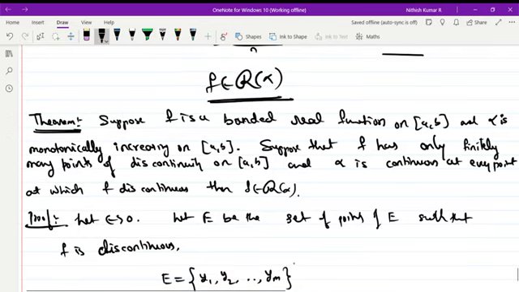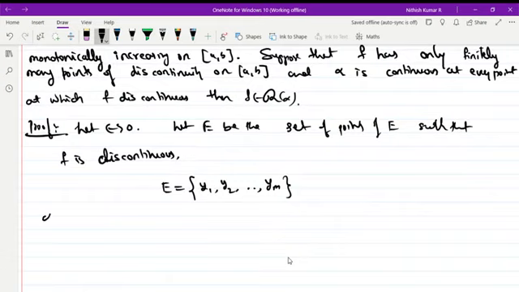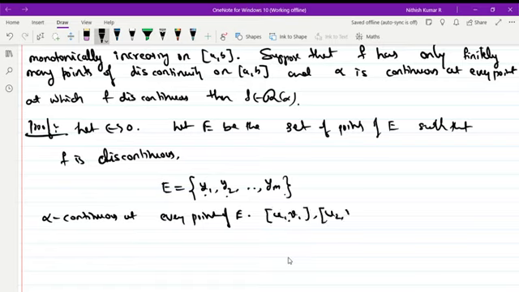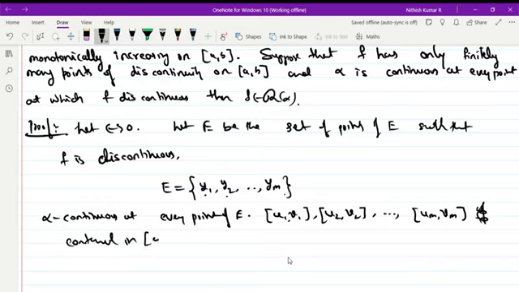So given that alpha is continuous at every point of E, hence we can find disjoint closed intervals. For each point we can find closed intervals [u1, v1], [u2, v2], and so on up to [um, vm], contained in the closed interval [a, b], containing the points y1, y2, and so on up to ym respectively.